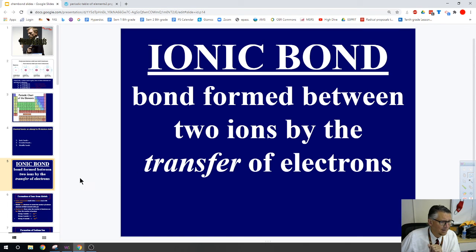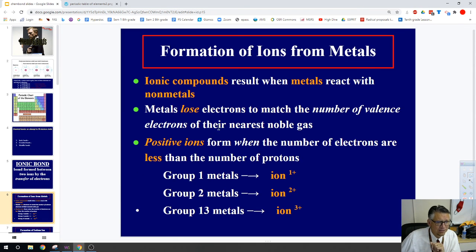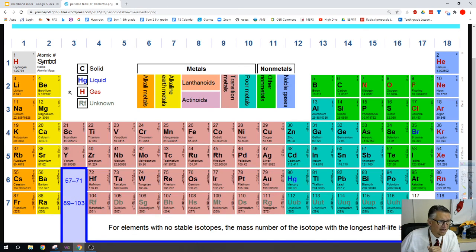So when we look at this, we have ionic bonds result when a metal reacts with a non-metal. And if we go to the periodic table, these here are our metals.